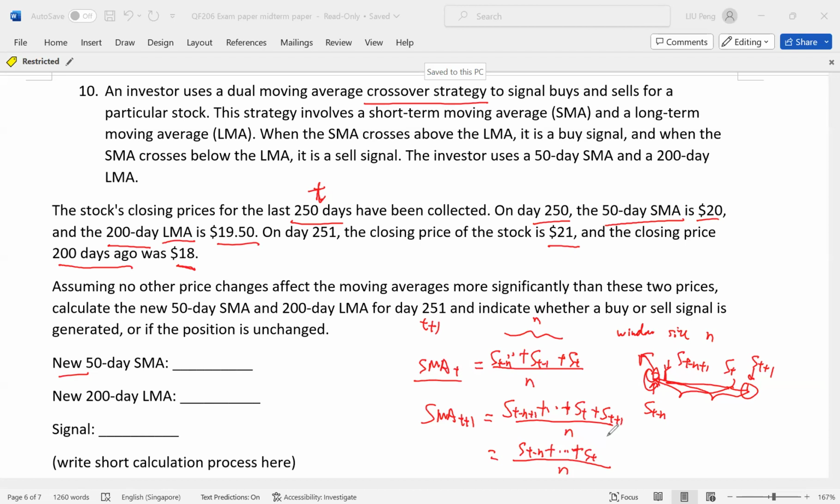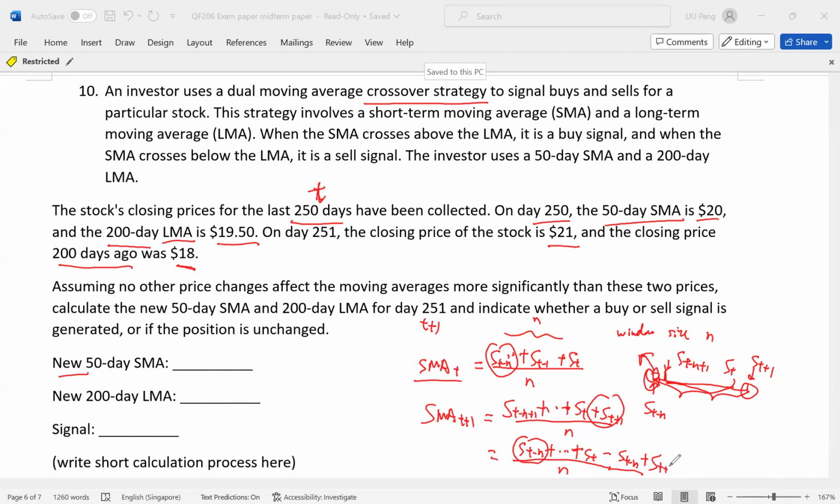But now this is new, because we sort of added this term ourselves. We need to minus it, so minus S_{t-n}, because we add one, we minus one. And then this term is missing here, so we need to add it back.